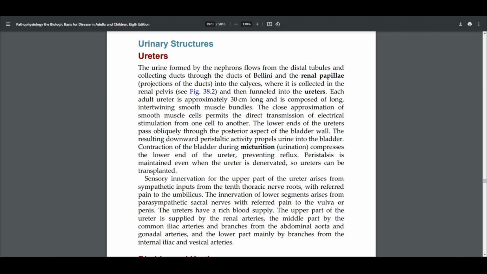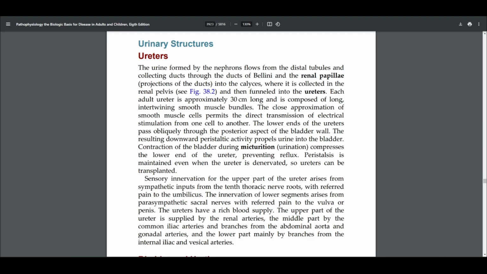Each adult ureter is approximately 30 centimeters long and is composed of long, intertwining smooth muscle bundles. The close approximation of smooth muscle cells permits the direct transmission of electrical stimulation from one cell to another. The lower ends of the ureters pass obliquely through the posterior aspect of the bladder wall.